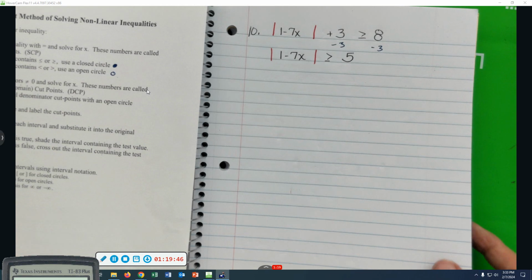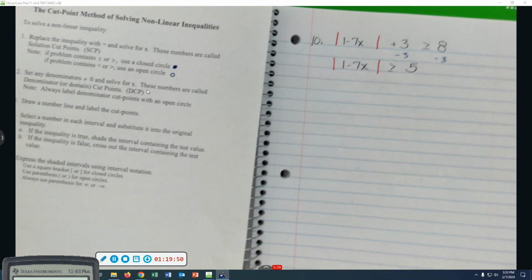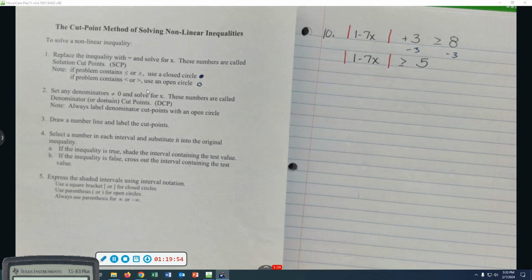Well, is there a less than or greater than symbol in it? If so, then you can use this cut point method to solve it. If you're a viewing example type of person on this, they make up these little rules that they use to avoid having to draw the number line and test.